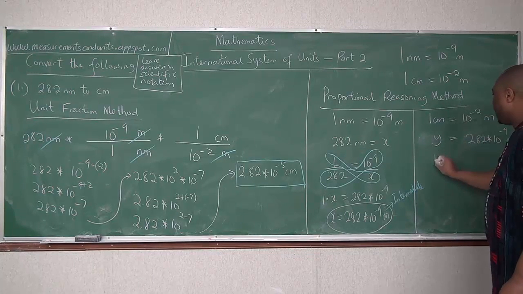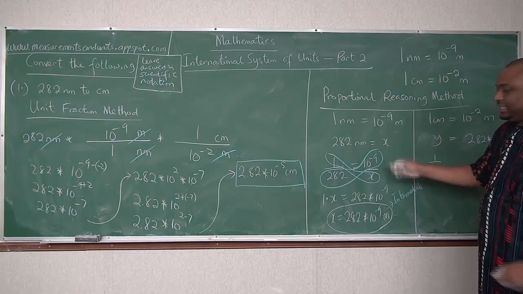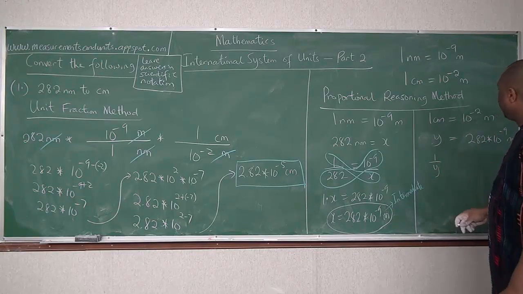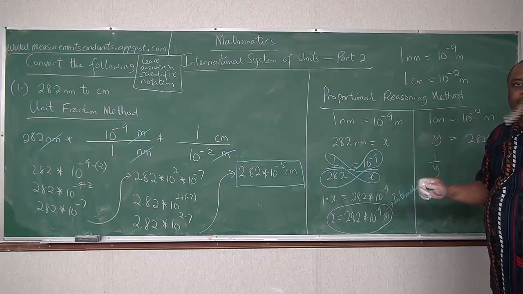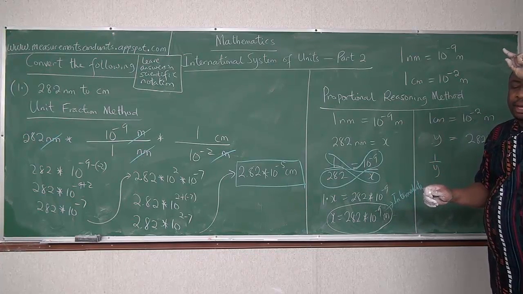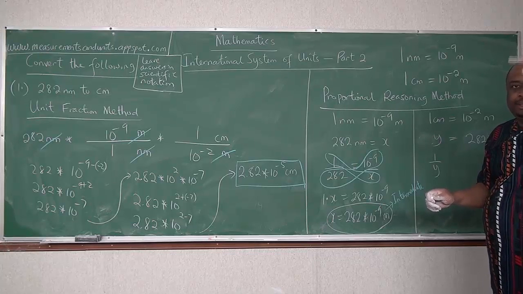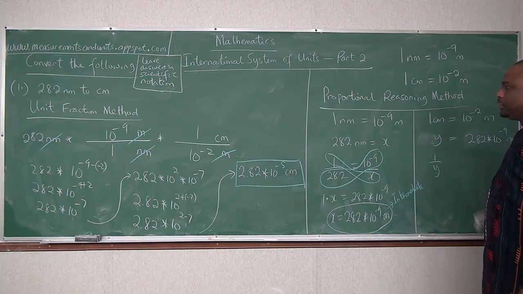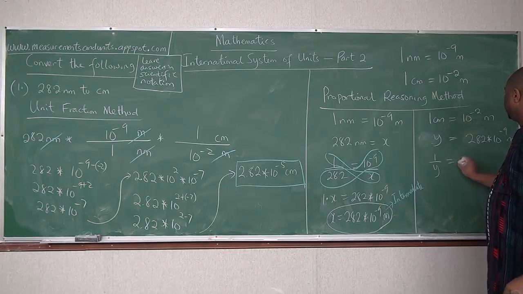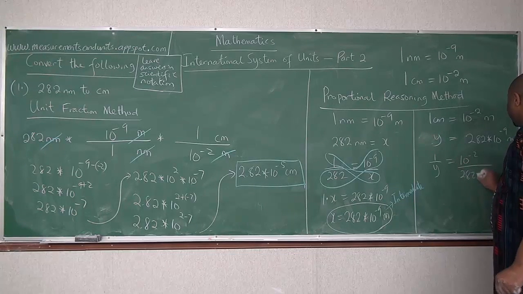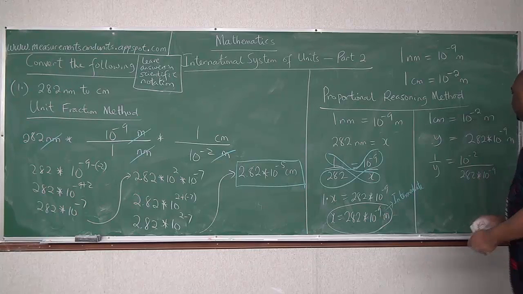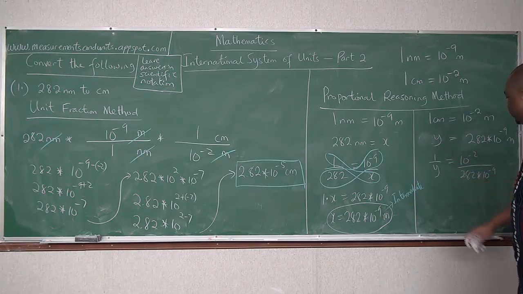So I now have that. I form a proportion, because this is the proportion you form, and I explained all this in the calculations on US customary units. So you now do 1 over y equal to 10 to the negative 2 over 282 times 10 to negative 9. You do cross product.